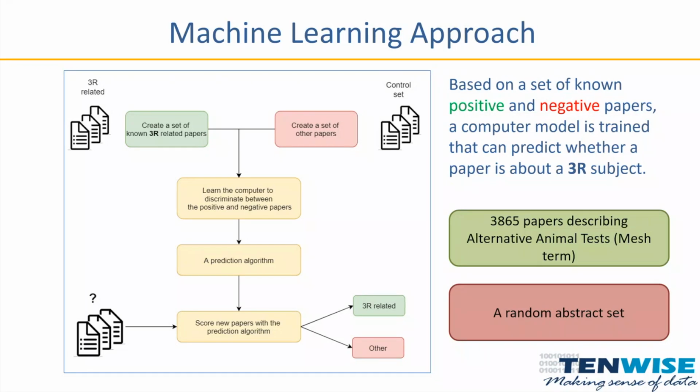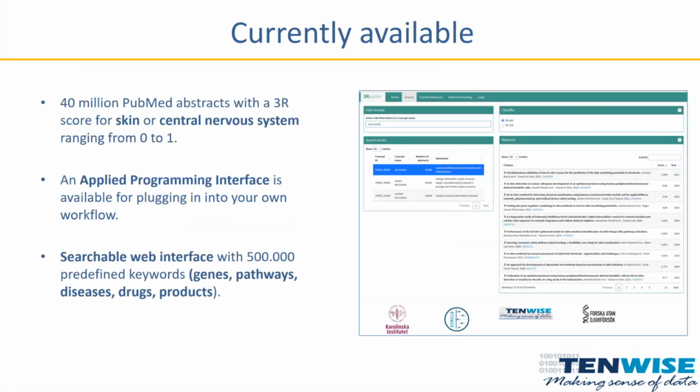And this score is between 0, so totally not 3R related, very sure, don't read this, and a score of 1, which is highly probable related to 3R. So a score between 0 and 1, and based on where you put your threshold, you can have more or less papers that you classify in the green box.